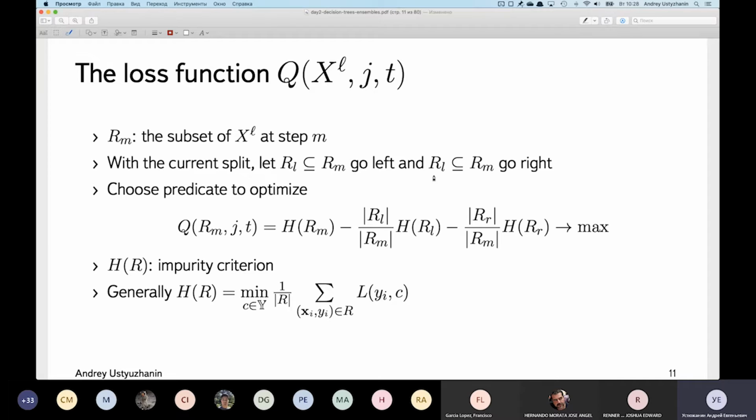It is just a subset, and this should be RR, of course. That is also a subset of Rm, and it corresponds to going to the right. And then we choose a predicate to optimize.